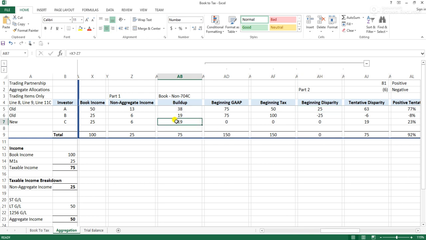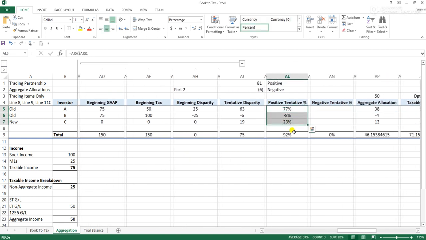This investor has $19 of book tax difference, doesn't have any beginning disparity, so it needs $19 of gain. This investor had $19 of current year book tax difference, but has negative $25 of beginning. So that means that in year 1, this investor needs $25 of loss. This year, it needs $19 of gain. So net is that it needs $6 of loss in order for GAAP and tax to equal.